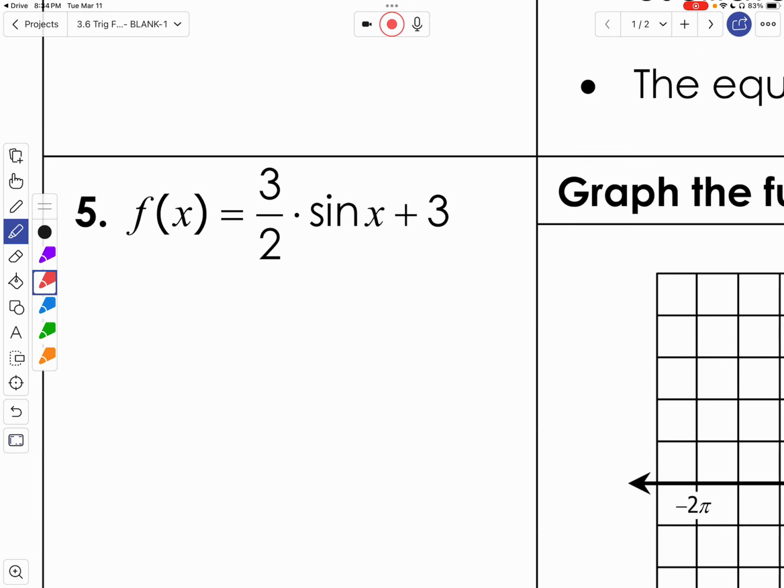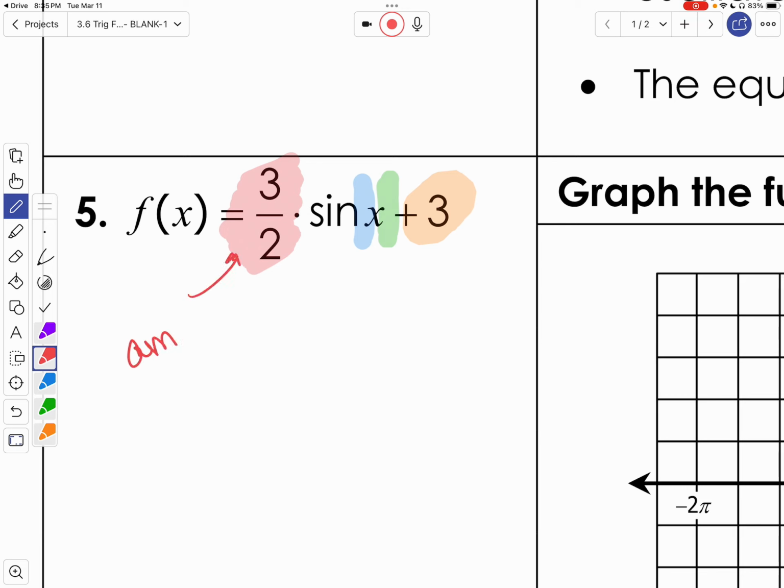I'm going to highlight all the things. Okay, we have an A value, and B values are found here. H values are found here. K values are found at the back. So if I kind of put together the last 2 days worth of material, my amplitude is 3/2.